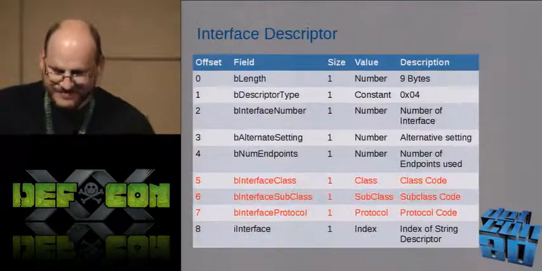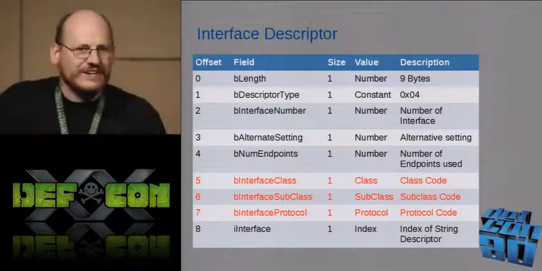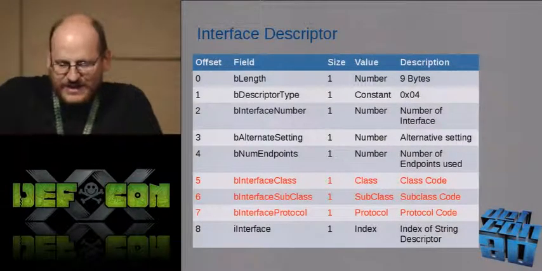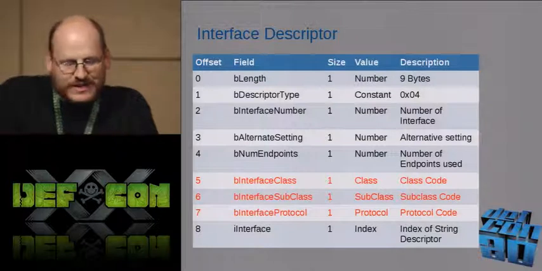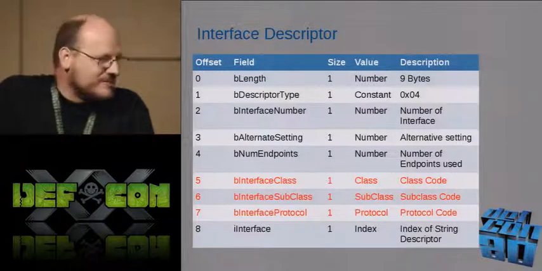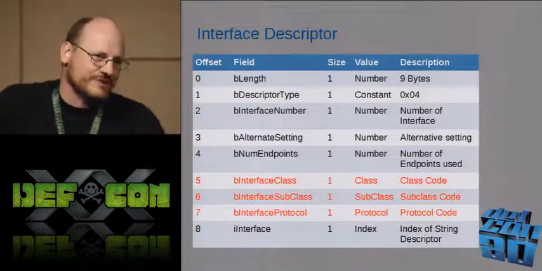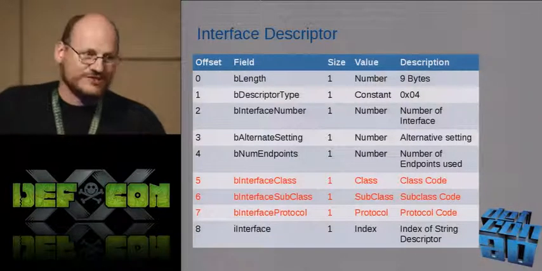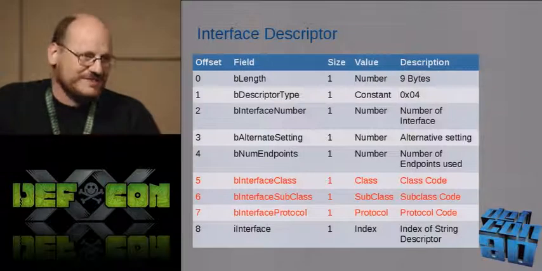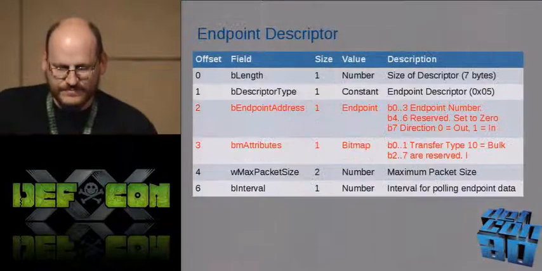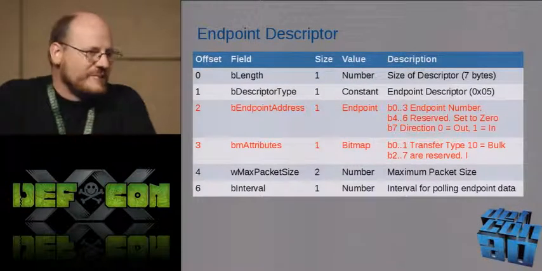Just a little tip. Then we get an interface descriptor. And again, in the interface descriptor, we can have the class, subclass, and protocol. If we had zeros in the earlier descriptors, then we eventually do have to say what kind of device this is. And then we have to describe our endpoints.